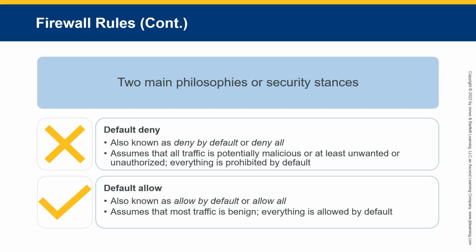Well, as you can see, that is not very much used. You may see something like this on internal firewalls only in rare instances, but you won't see it all that often out there. So these are two philosophies. A, the world is evil, or B, the world is good.